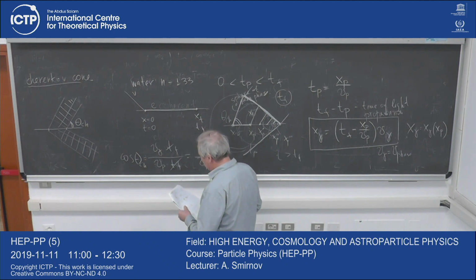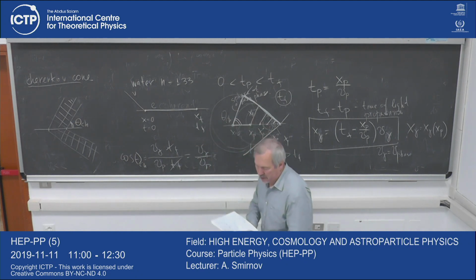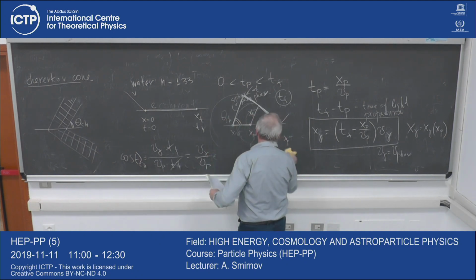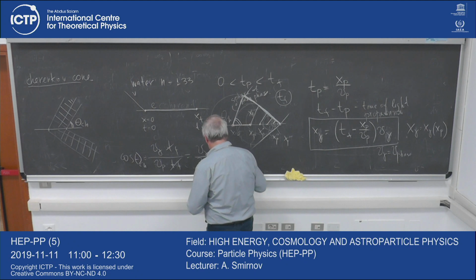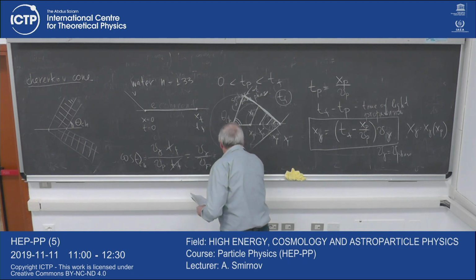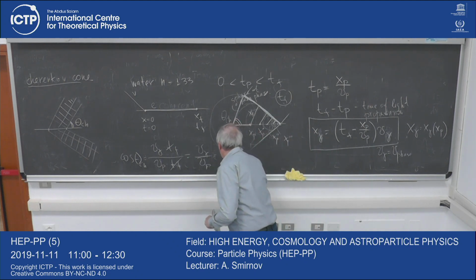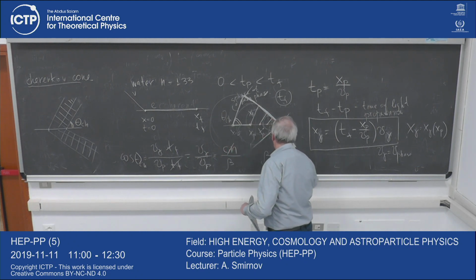And if the particle has the velocity of light, then it will be, what we have here, the velocity of light in the medium is c over the refraction index n. And here we usually use beta, as beta is the velocity of the particle over c.